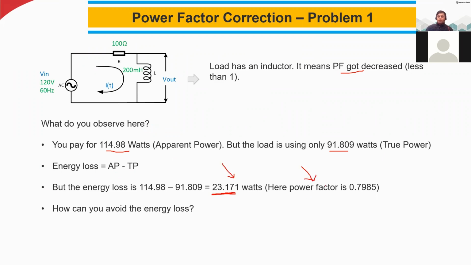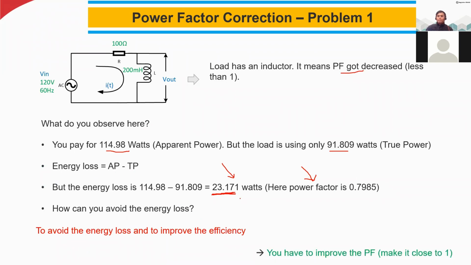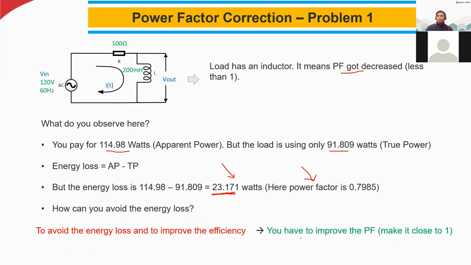It's called power factor. So how can you avoid this energy loss? To avoid the energy loss and improve the efficiency, you have to improve the power factor close to 1. That is the goal. So how can you improve the power factor close to 1?